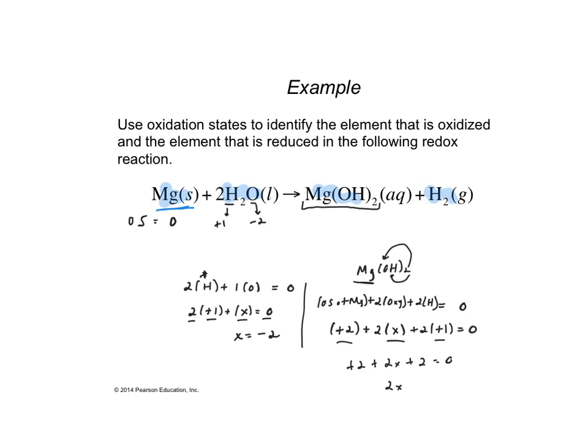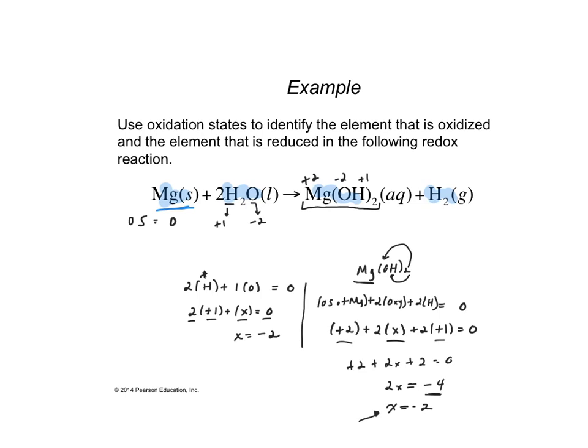So 2x is going to be equal to -4, so x is equal to -2. That's pretty standard. We've got a +2 here, a -2, and a +1. And again, we're looking at this with respect to one single atom. While the two oxygens together had a -4, we want just the oxidation state of one oxygen. So this is a -2 for one and a +1 for the hydrogen.